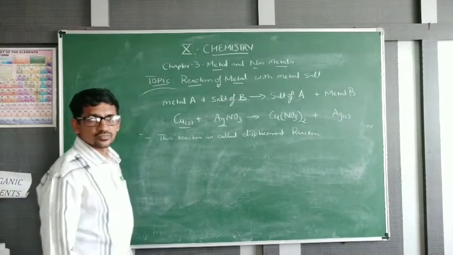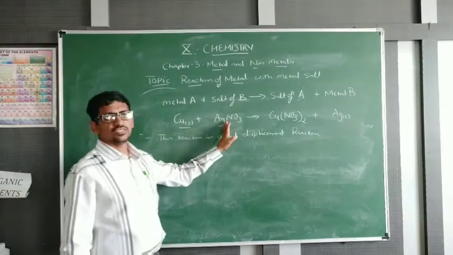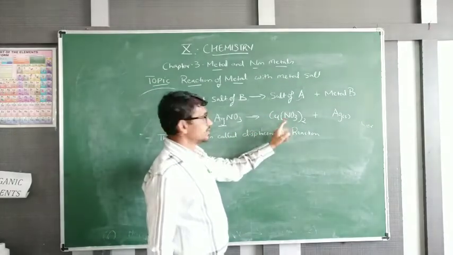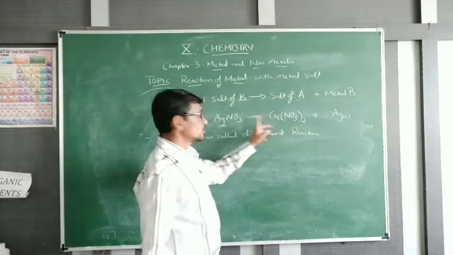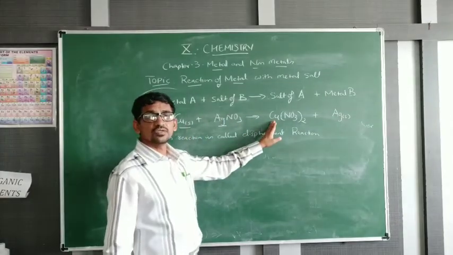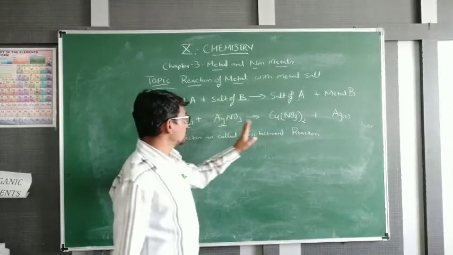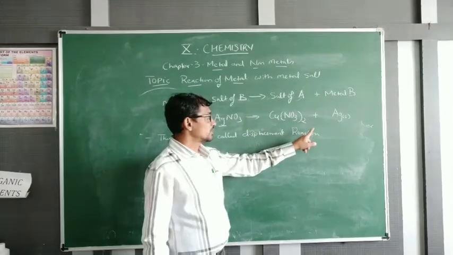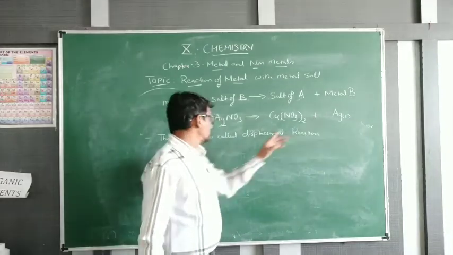Copper will displace Ag from its salt and convert it into copper nitrate. Why copper nitrate? Copper has changed from 0 state to +2 state, which means oxidation takes place. So nitrate, which has valency -1, NO3-, is required.